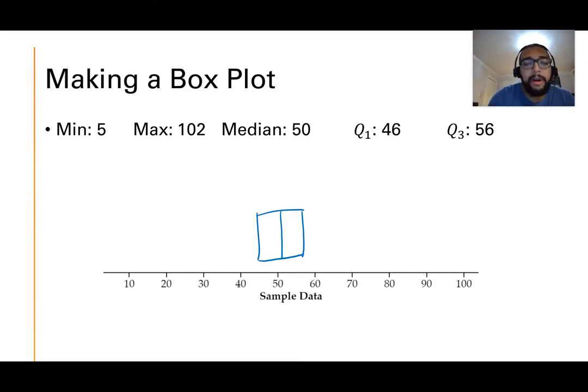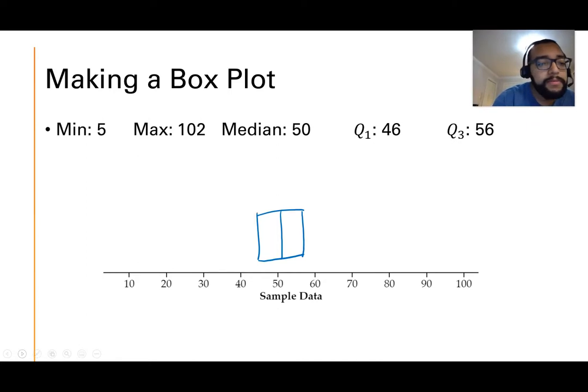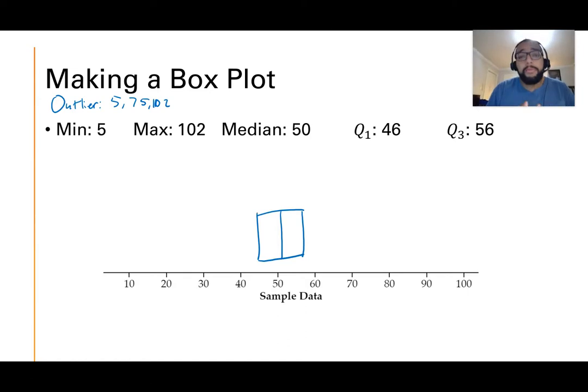So there's our box. Remember, this is sometimes called the box and whisker plot. The reason why is for this next part. We had outliers at 75 and 102, and 5. Normally we would extend our whiskers from the box to our smallest point that is not an outlier.